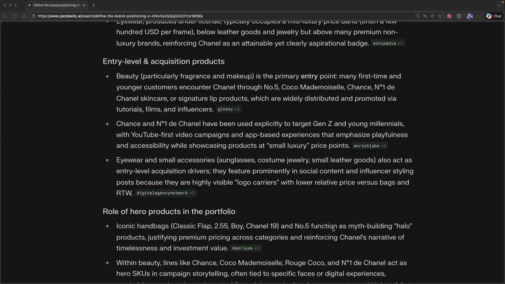Specifically, notice how the AI highlights the Chance fragrance line. It says it's used to target Gen Z with playful digital-first campaigns. This tells us that our content for fragrance can be more colorful, more dynamic, and a bit more fun.